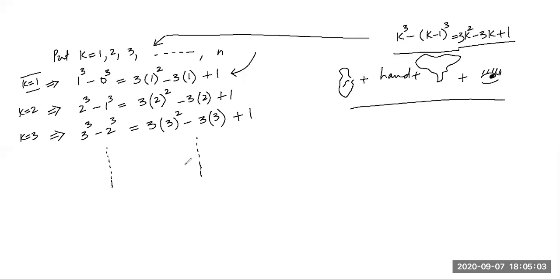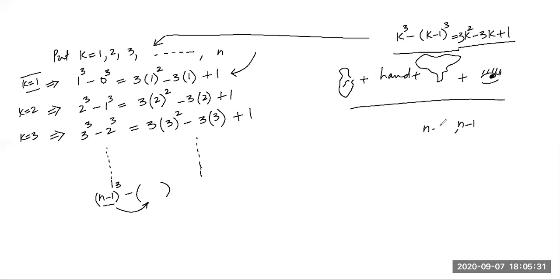And then you will get what? Can you tell? Yes, you will get n minus 1 cube minus what will come here? It will be the preceding term of n minus 1. What is before n minus 1?